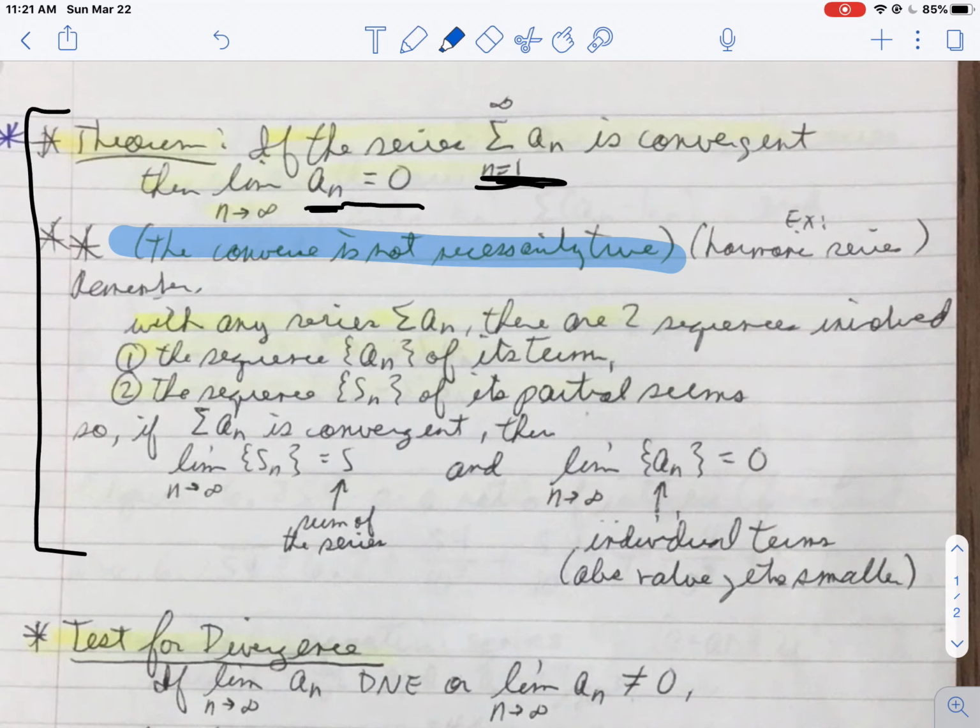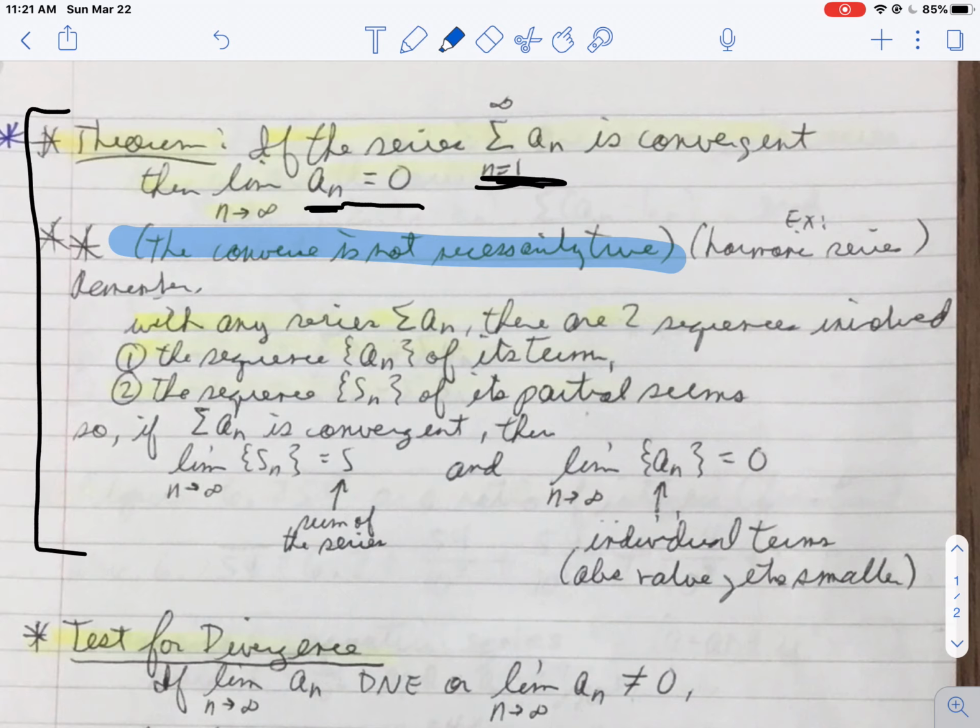But just because that sequence approaches 0 doesn't mean that the series is convergent. And so that's where we'll have to get into all these other different tests and processes that we're going to have to use to try to make these determinations about convergence and divergence.